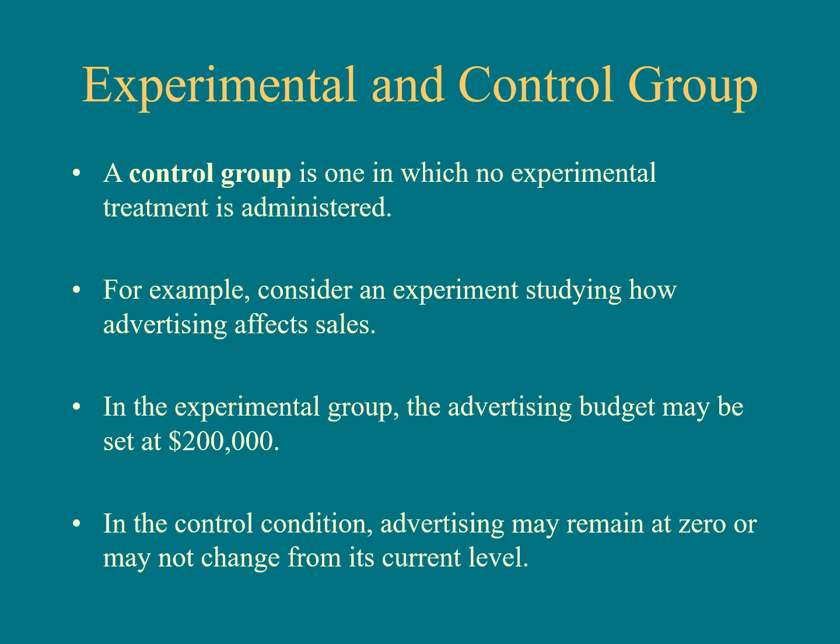For example, consider an experiment studying how advertising affects sales. In the experimental group, the advertising budget may be set at $200,000. In the control condition, advertising may remain at zero or may not change from its current level.